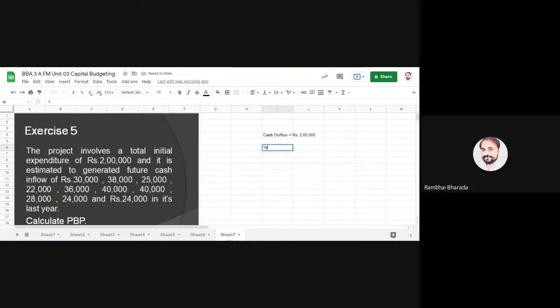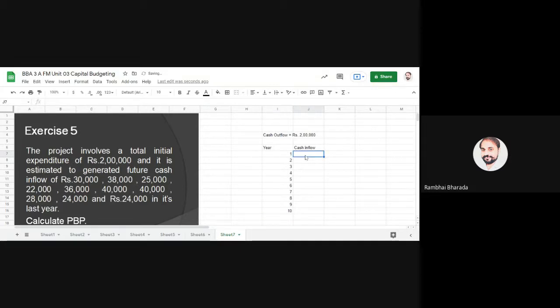We need to prepare a table, year and cash inflow. Year 1, 2, 3, 4, 5, 6, 7, 8, 9, and 10.